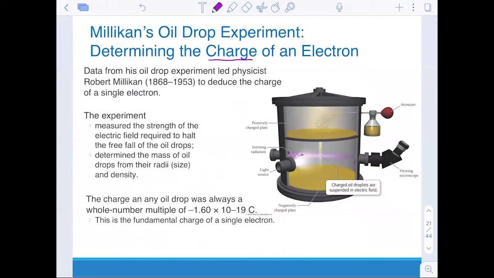From his data, he was able to deduce that single charge by measuring the strength of an electric field that was required to halt the free fall of an oil drop. Now, if we look at this atomizer over here, I want you to think about the early 1900s. It was probably like a perfume bottle type idea.